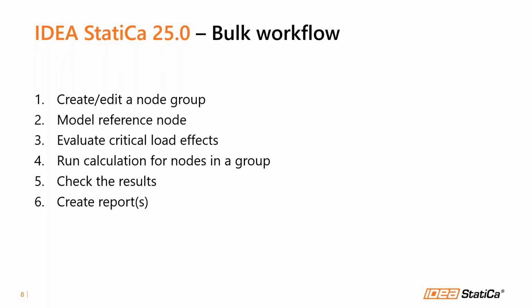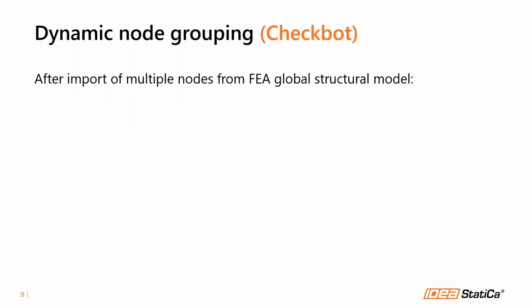Then we can create a report or reports, however we want, and share the connection design if we've adjusted it. And here we'll have a look at 2 options. Either we can prepare an IFC file, or we can share the data via a free cloud tool called IDEA StatiCa Viewer.